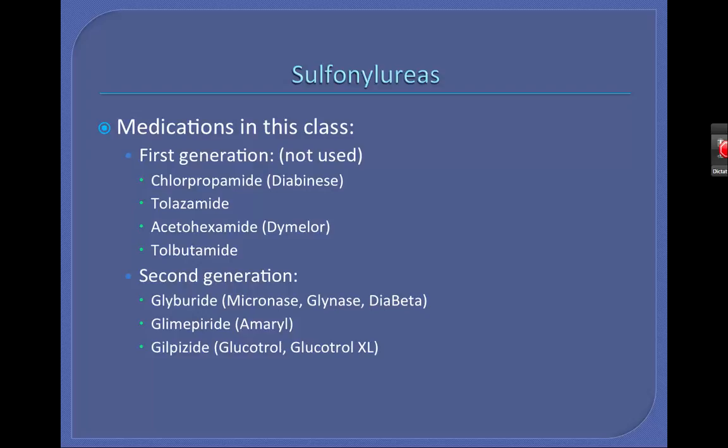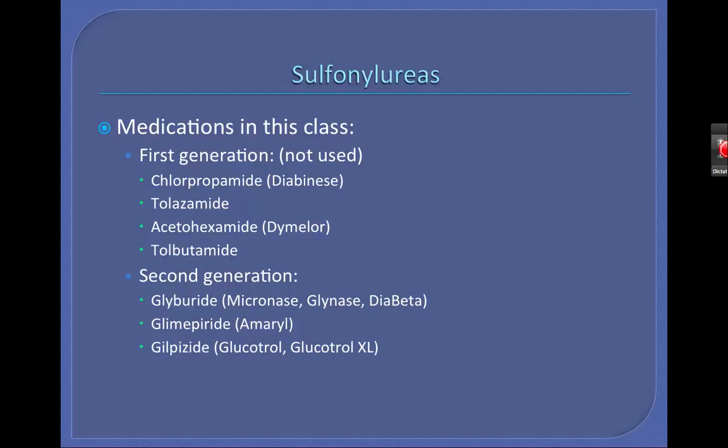So oftentimes, if they're on a sulfonylurea and say metformin, and they need to be transitioned over to insulin, they'll stop the sulfonylurea and keep them on the metformin. So sulfonylureas can be used with insulin and all other oral agents except Meglitinides. Sulfonylureas cannot be used with Meglitinides.